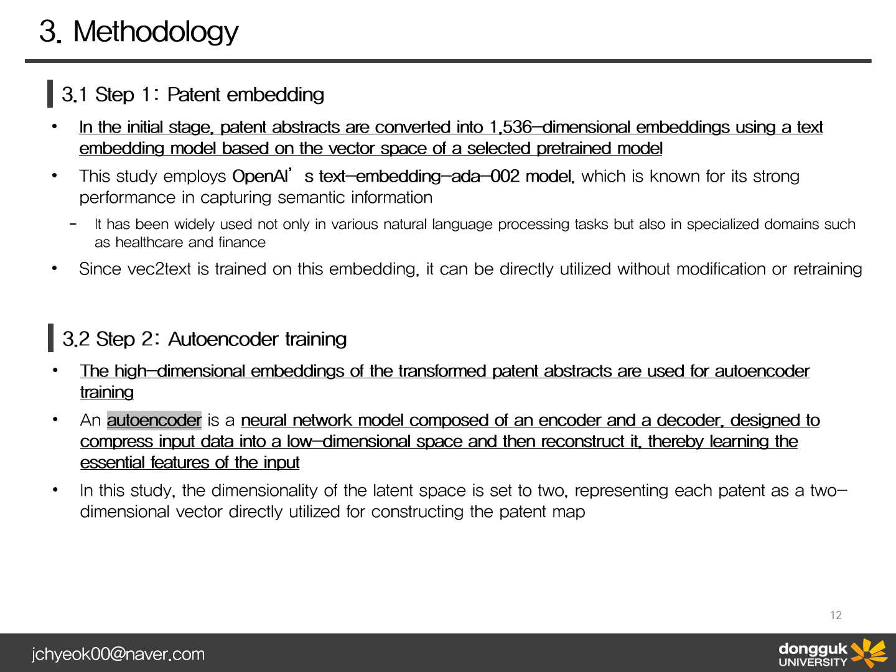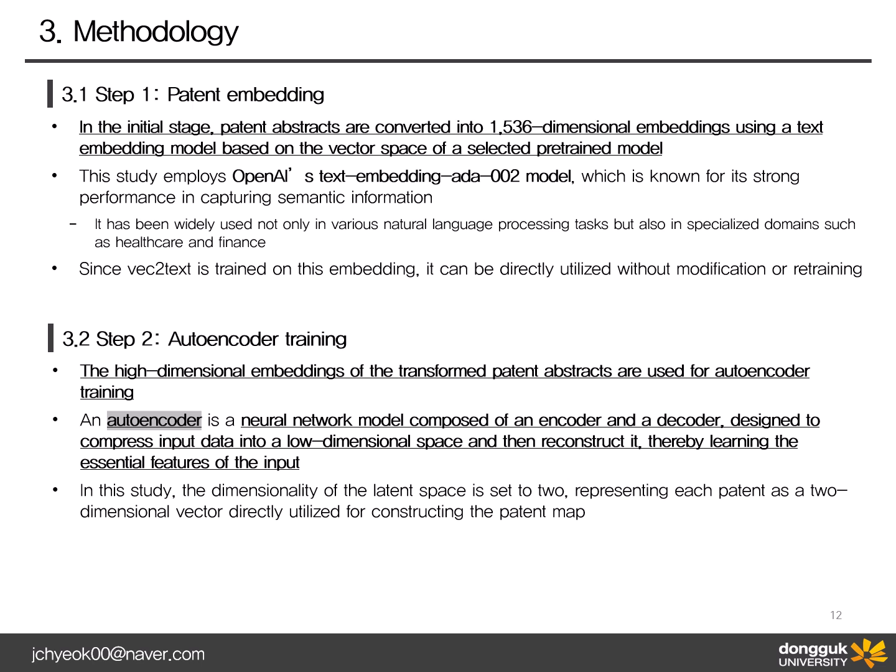Explaining in more detail, in the first step, patent abstracts are converted into 1536-dimensional embeddings using a text embedding model, based on the vector space of a selected pretrained model.